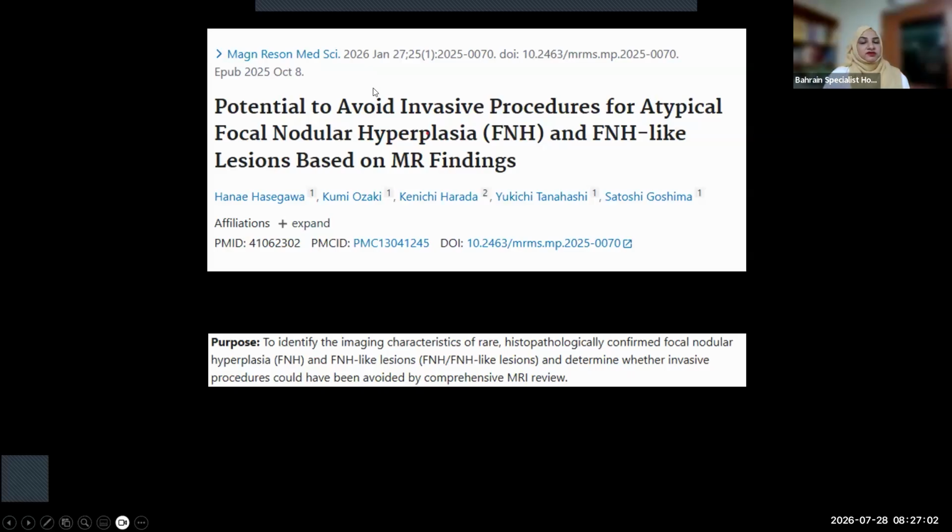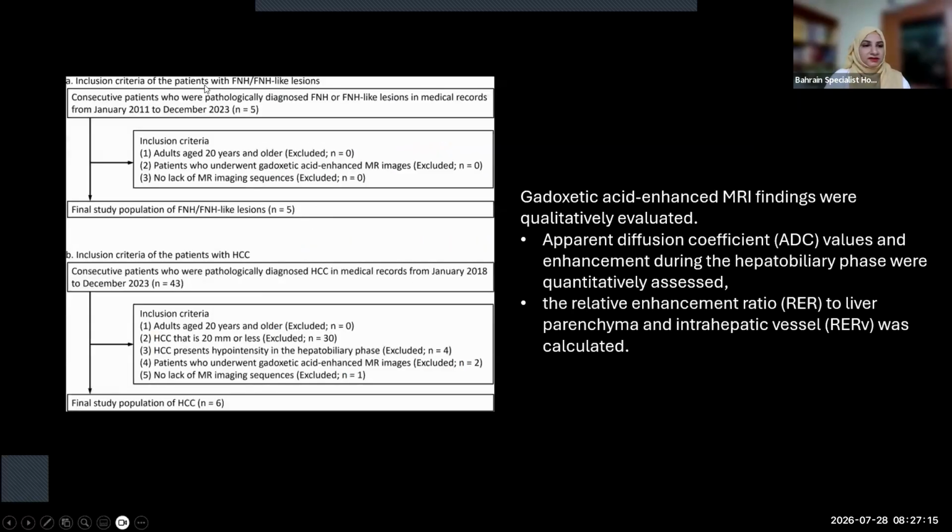Now, this is a study which was published in January 2026, where they tried to find characteristic features which could differentiate these two entities in a cirrhotic patient. They included a total of 11 patients, of which 5 were focal nodular hyperplasia and 6 were cirrhotic hepatocellular carcinoma.